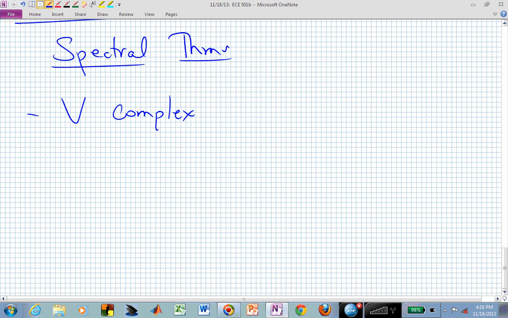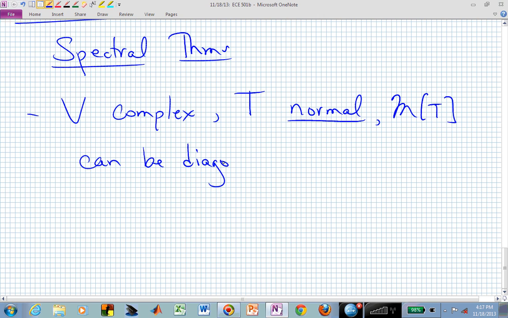If our vector space V is complex and our operator T is normal, then the matrix representation of that normal operator T can be diagonal.